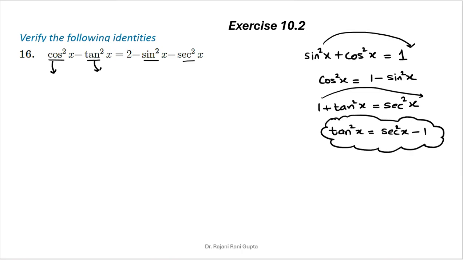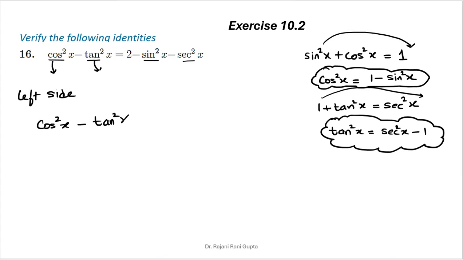So let's use these two values in our left side. We have cos square x minus tan square x. Let's see what we get. Cos square is 1 minus sine square x, minus. Since there is a negative sign with tan, it's important to put this result in a bracket: secant square x minus 1.